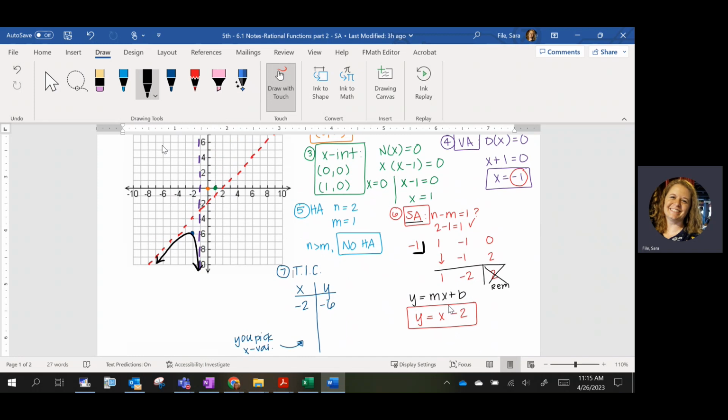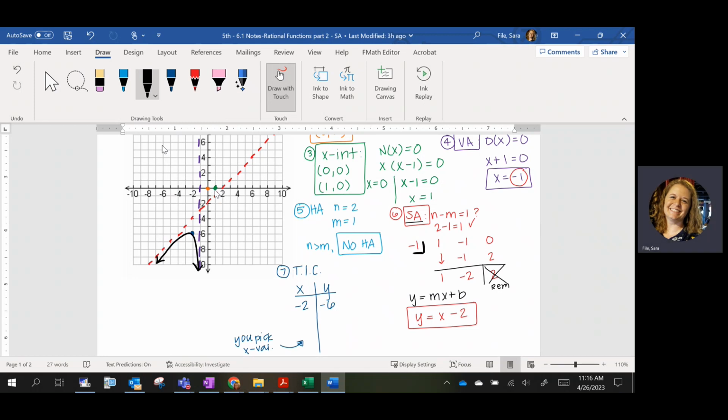Now, I can see without testing another point that there's going to be a curve in this sector, because that's where my zeros are, right? And obviously, if I have 2 zeros, I must cross the x-axis and turn and come back through it right there.